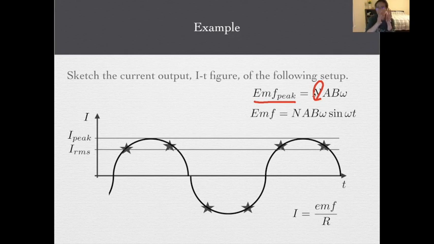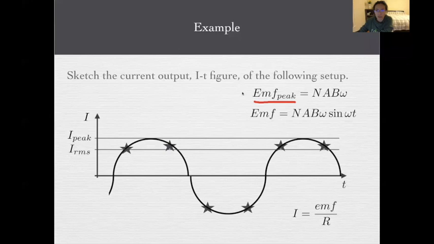If you have more loops, then you will create a lot more EMF. It's like you have a lot of little batteries, and if all these batteries are connected in series, then the voltage will add up. So if you have more of these loops, the total potential difference, the total EMF, will be greater. So you can see this N plays a role here.